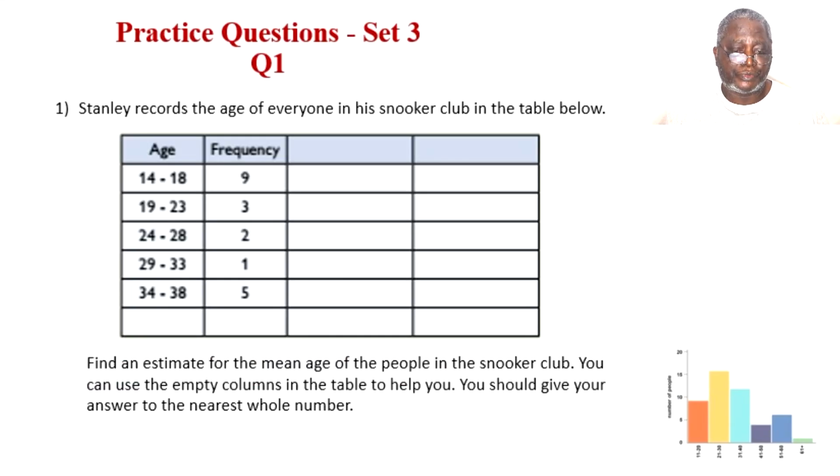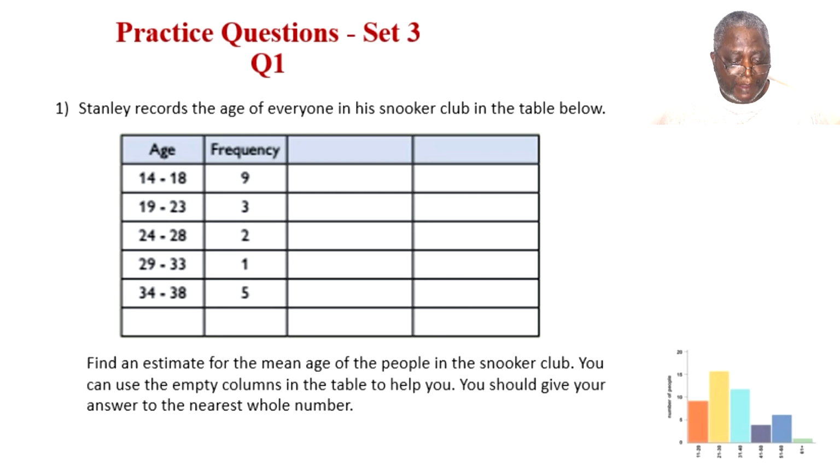Practice question, set 3, question 1. Stanley records the age of everyone in his snooker club in the table below. Age is classed as follows: 14 to 18, then 19 to 23, then 24 to 28, then 29 to 33, and 34 to 38, and those are the frequencies, the number of people. Find an estimate for the mean age of the people in the snooker club.